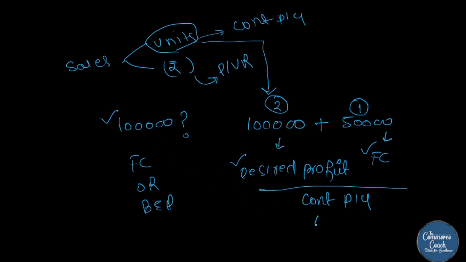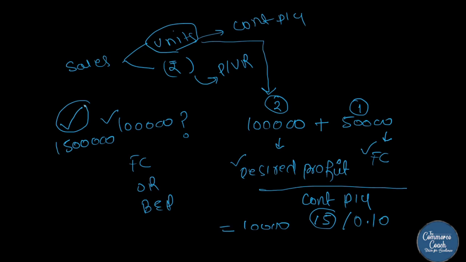Suppose the contribution per unit is 15. Now what is the required sales in units to earn a profit of 1 lakh? The units are 10,000. But if I substitute with PV ratio, let's suppose the PV ratio is 10%, then I would get the answer in absolute rupees as 15 lakh.